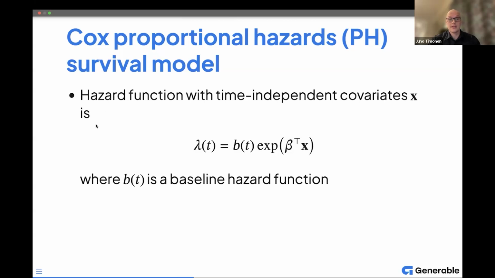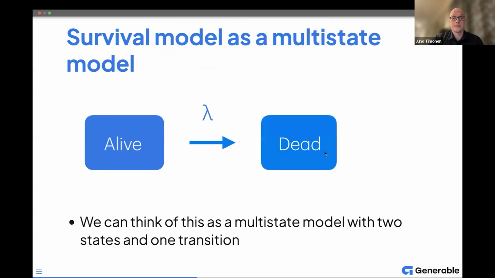We have a baseline hazard, and we multiply it by the proportional hazard multiplier. This can be viewed as a multi-state model with two states, the alive state and the dead state. Then there's a hazard function for that one transition.